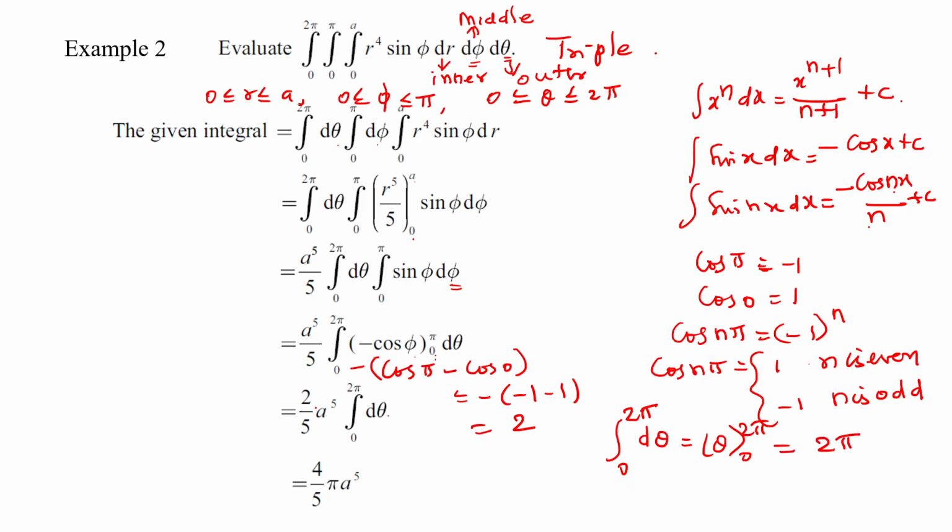Therefore you have to multiply with 2 pi, already 2 is there, 2 into 2, 4, so 4 pi a power 5 is the integral value.